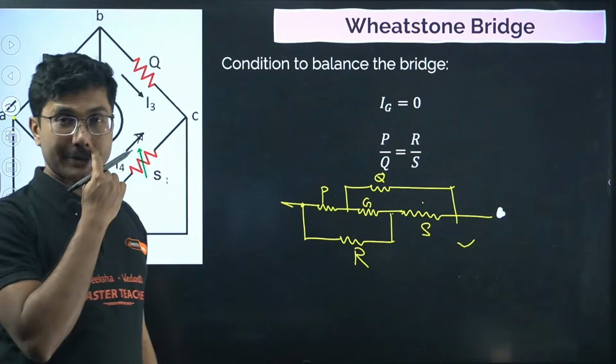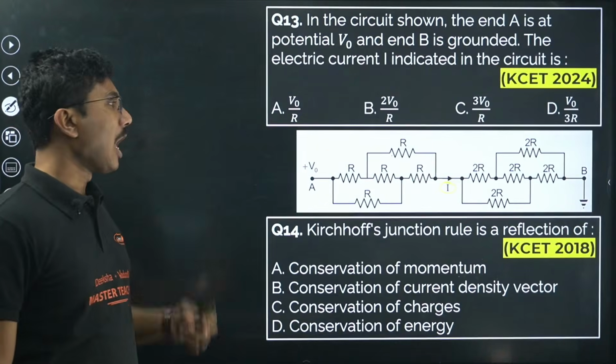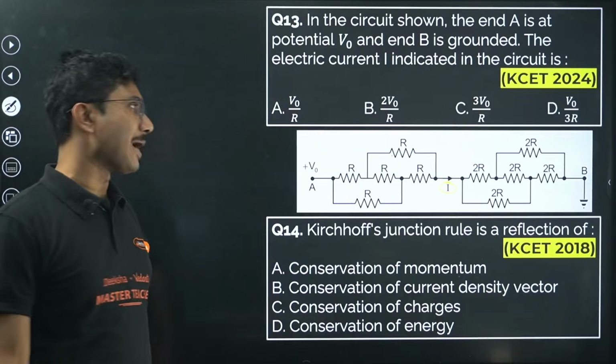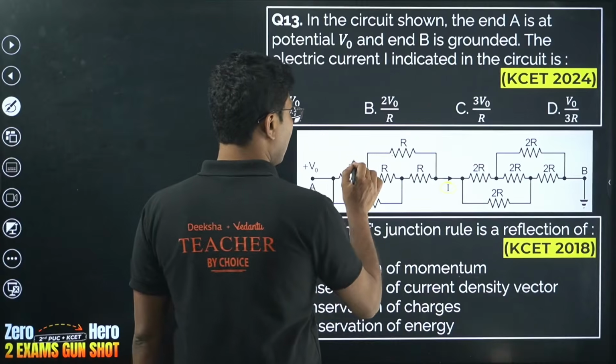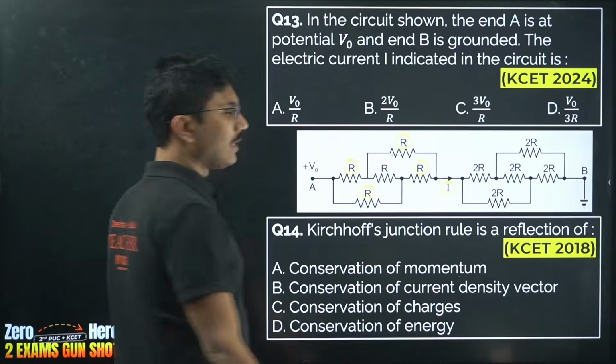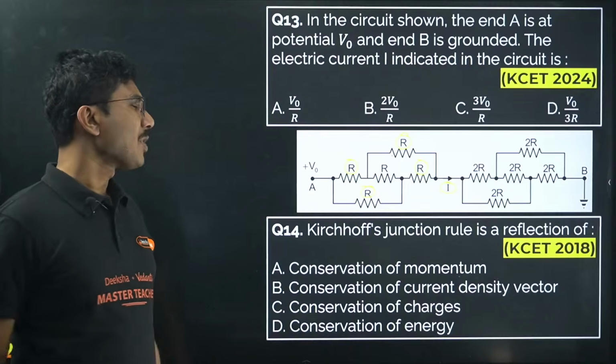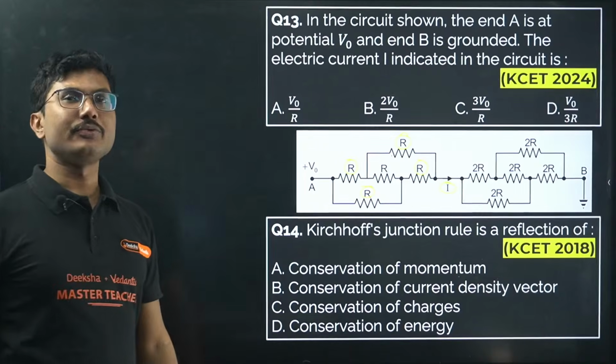Second, you have to check whether the Wheatstone Bridge is balanced or not. Here this is R, this is R, this is R, this is also R. If all the resistances of a Wheatstone Bridge are the same, then definitely it's a balanced Wheatstone Bridge.